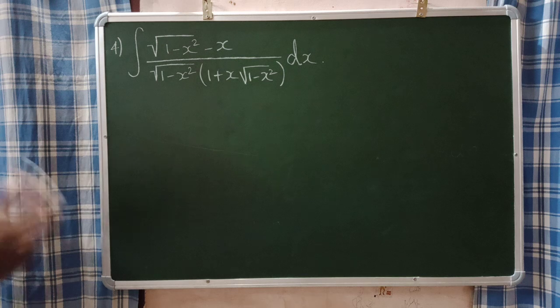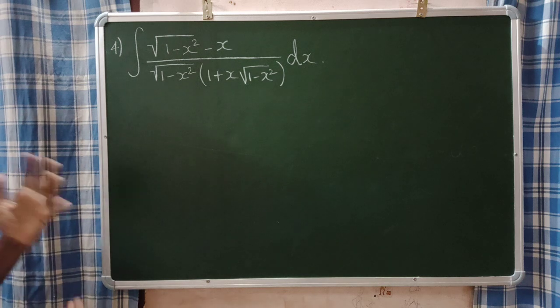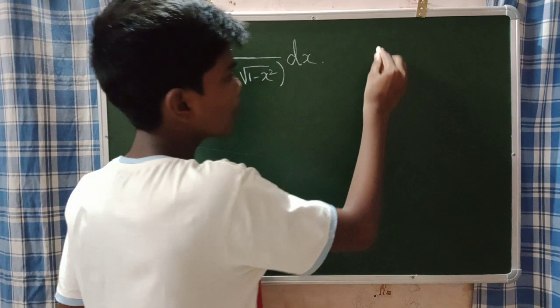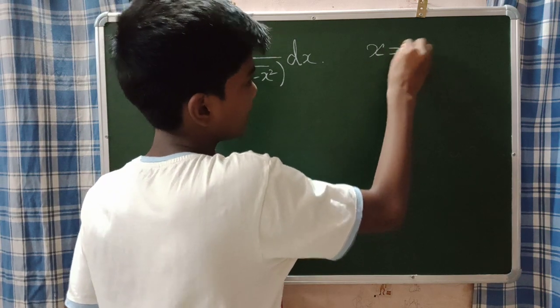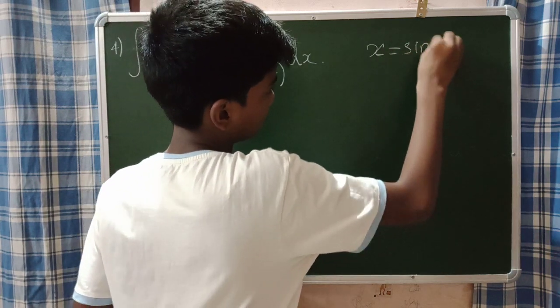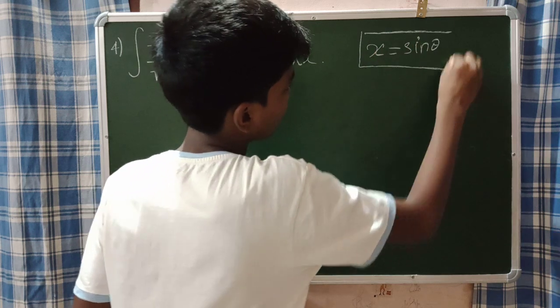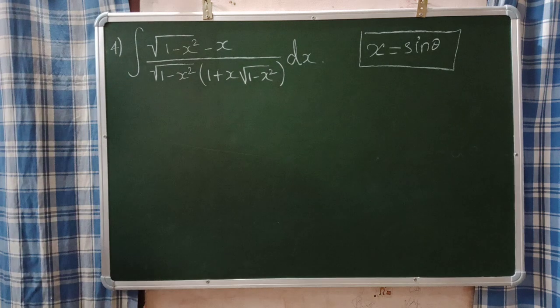So what am I going to take as x? In this question, we are going to take x as sin theta. This is an important one, guys. Try to remember. I am going to take x as sin theta.